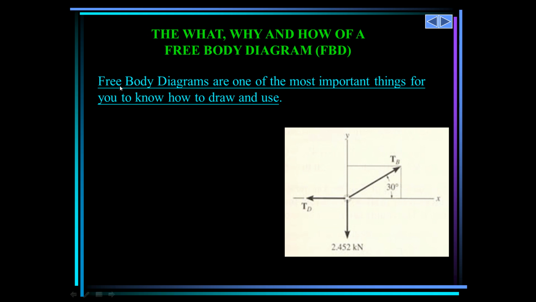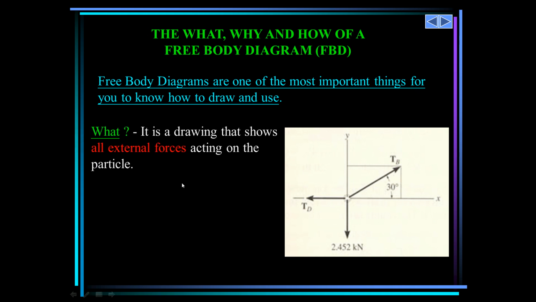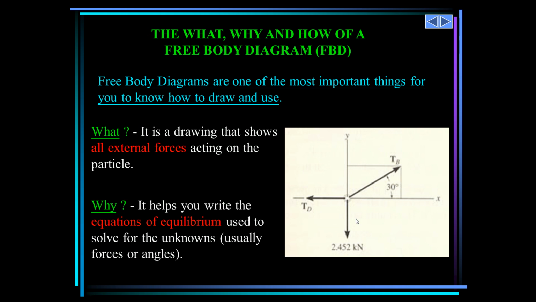The free body diagram is one of the most important things for you to know, and how to draw and use it. It is a drawing showing all external forces acting on a particle. So in your FBD, there is no internal force showing in that figure. All the forces acting on your object or particle should be only external forces.